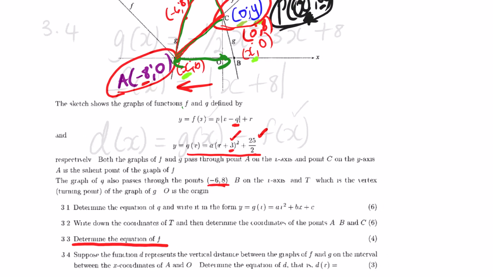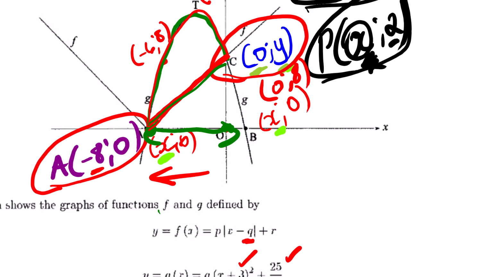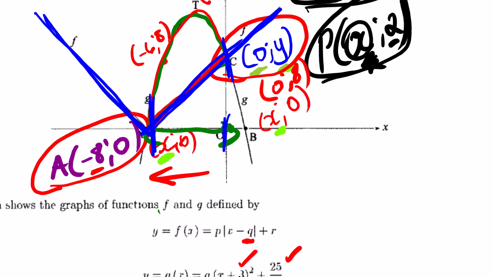Let's go back to the question. This is the first part of the absolute value, which is the negative side. And then this one is the positive side. You can see that this interval is where we find the positive side of the absolute value. So we don't consider the negative side, we take the positive side.